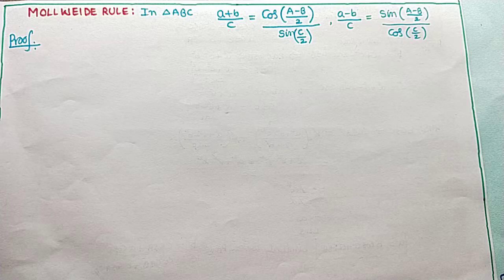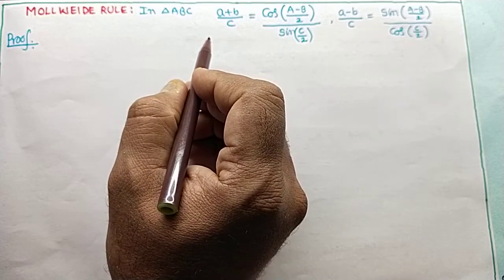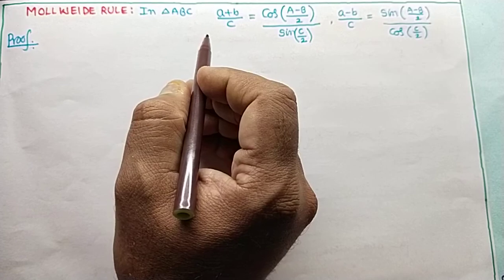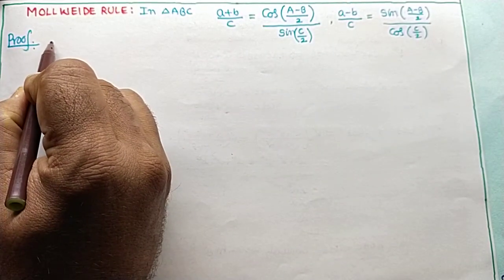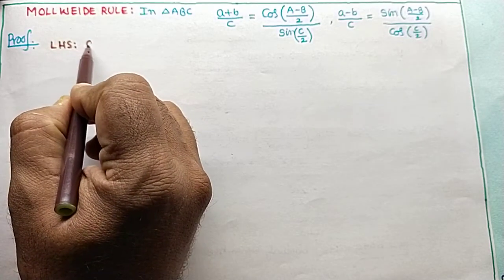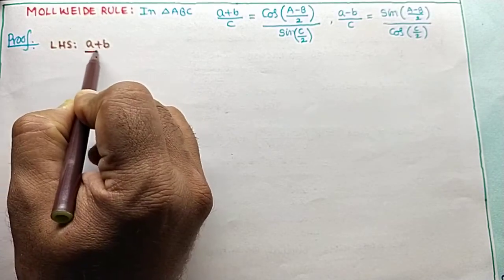Now consider the LHS. Here, the first question we are going to discuss. Consider (a plus b) divided by c.